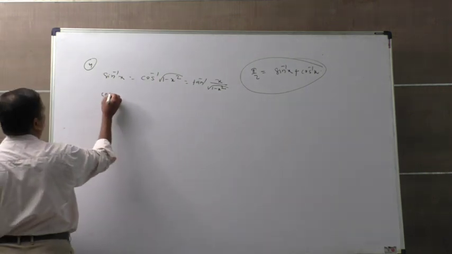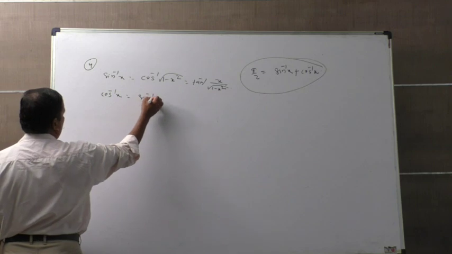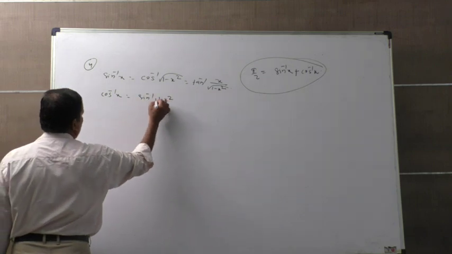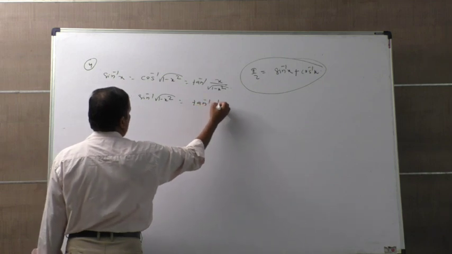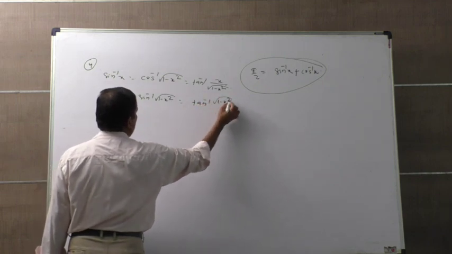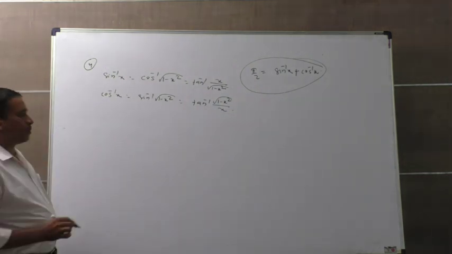Or from cos, that is cos inverse x is sin inverse root of 1 minus x square, is equal to tan inverse root of 1 minus x square over x. This is called the conversion formula.